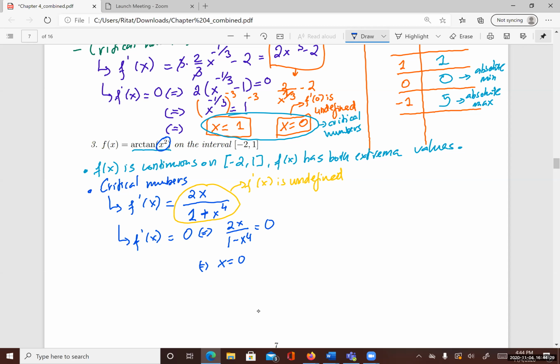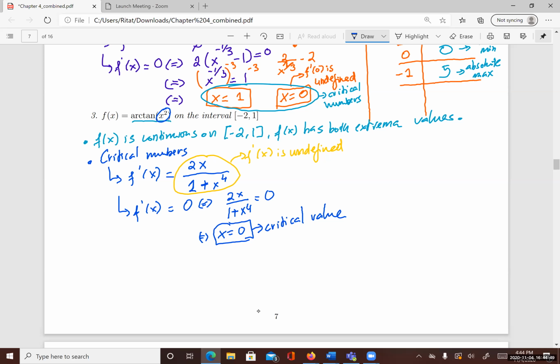So we don't have any points where the function f prime is undefined. Then x equals 0 is the only critical value. So if this is the only critical value, then we will make a table to complete this problem.